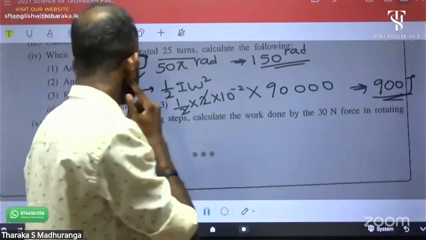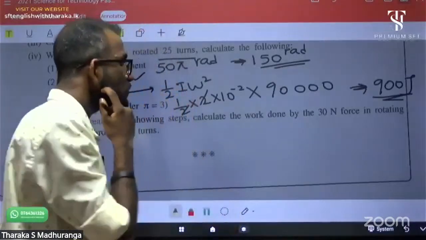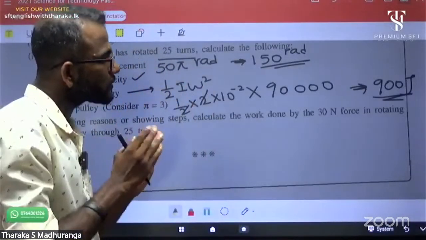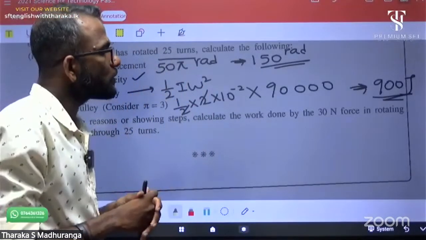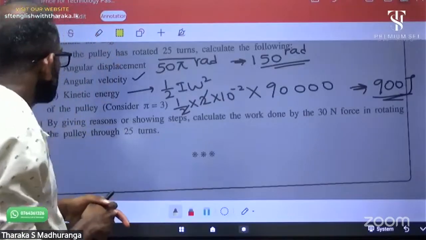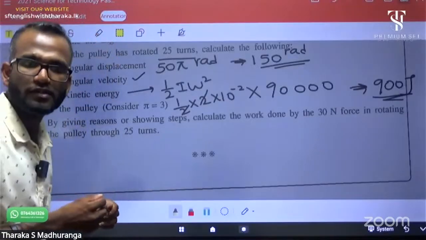Okay, giving reasons or showing steps, calculate the work done by the 30 Newton force in rotating the pulley through 25 turns. What is the answer?